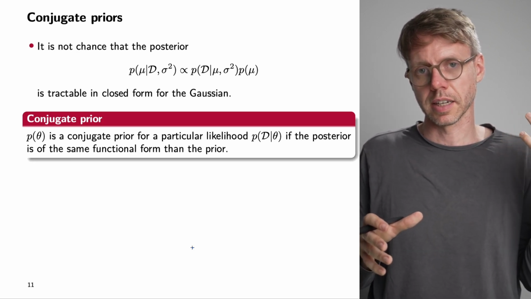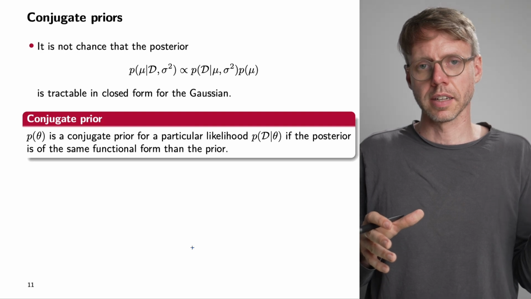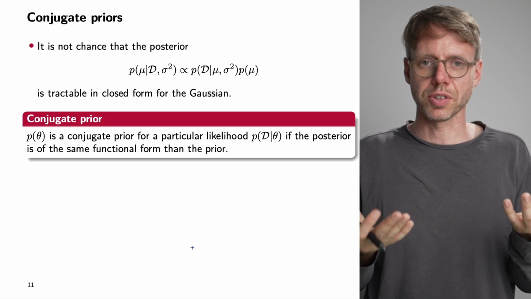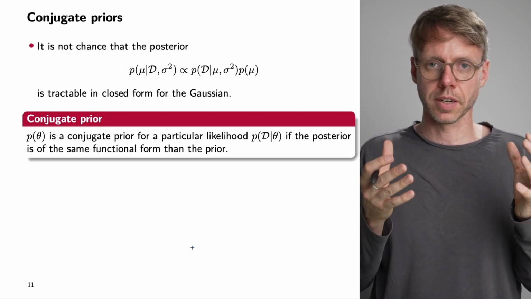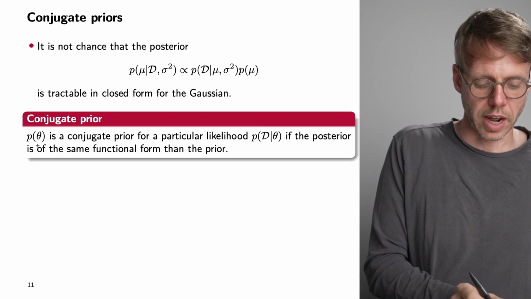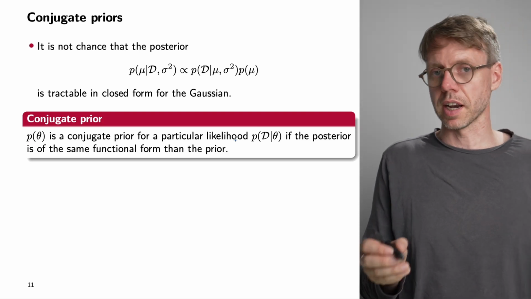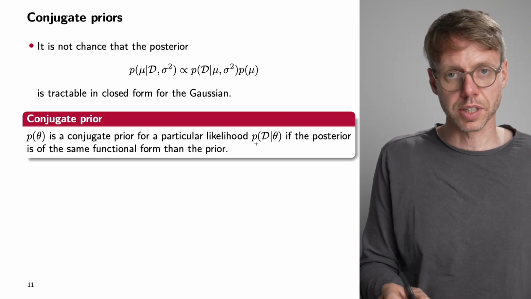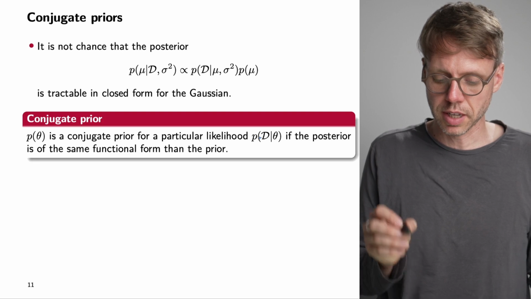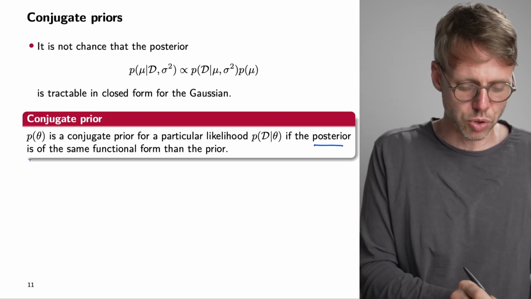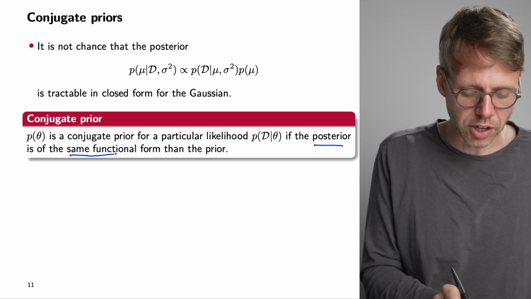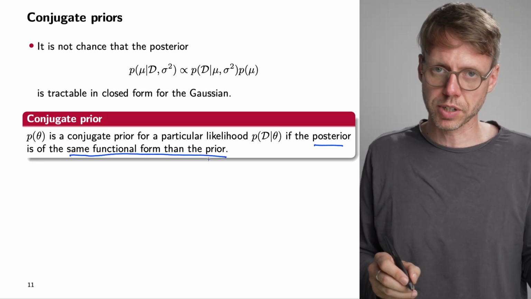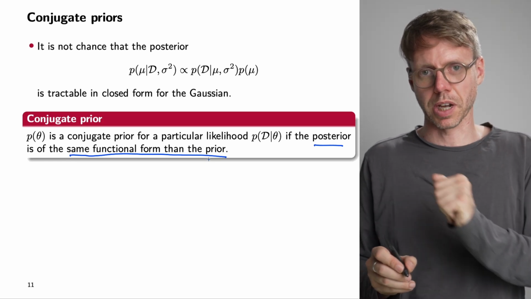We had the Gaussian likelihood, and the conjugate prior for the mean of a Gaussian distribution is also a Gaussian. A prior is called conjugate for a particular likelihood, so the Gaussian is a conjugate prior for a Gaussian likelihood, or the mean of the Gaussian likelihood, if the posterior distribution is of the same functional form as the prior. Our prior on the mean was a Gaussian, and our posterior was also a Gaussian.